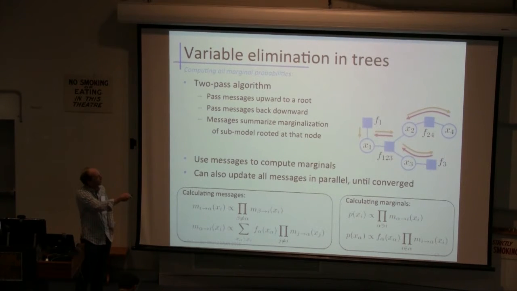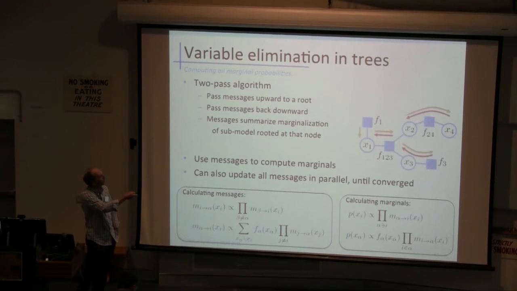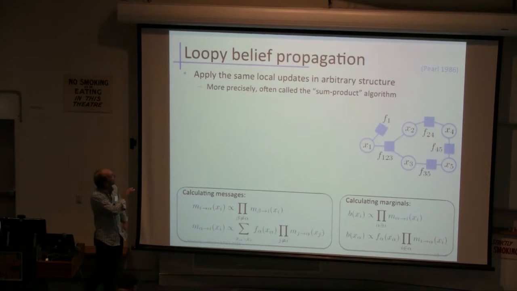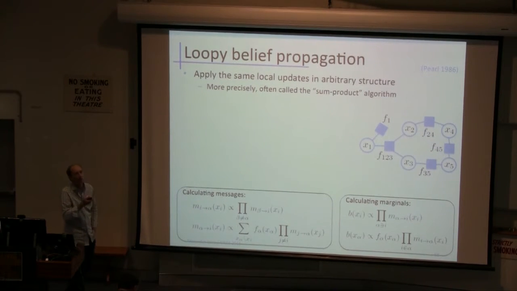So eventually, if you do this enough, you'll move with correct calculations from the leaves into the root, and vice versa. But once you have this perspective of just local calculations, you can actually just apply the same local updates even to graphs that aren't really tree structured anymore.